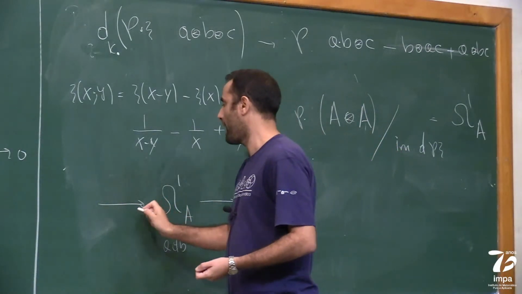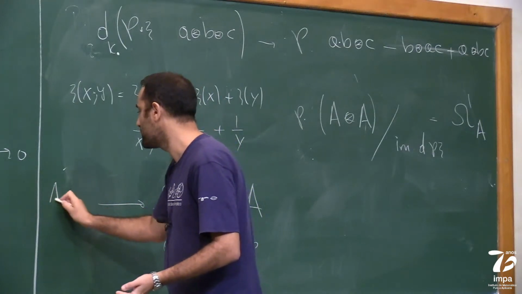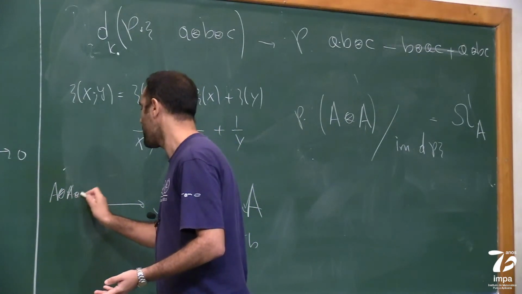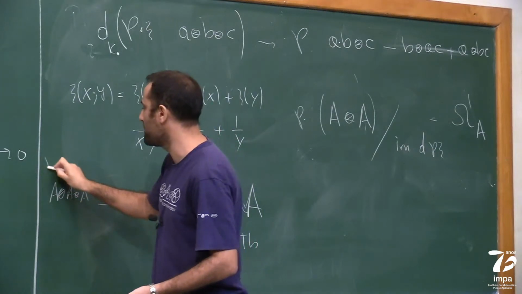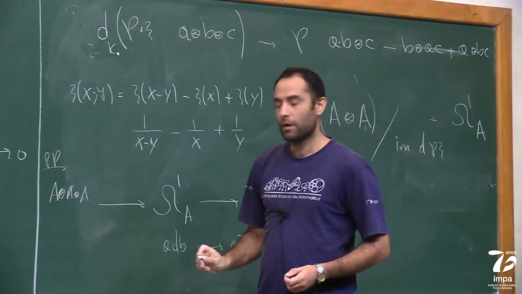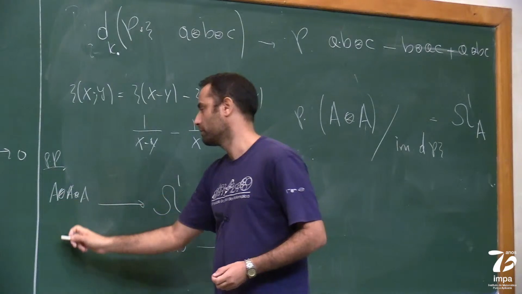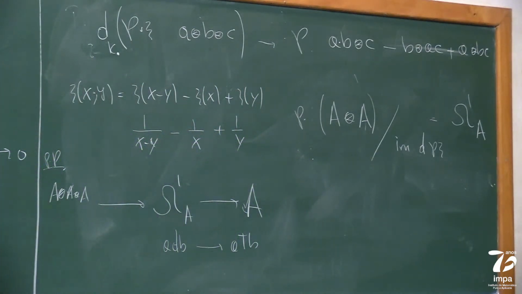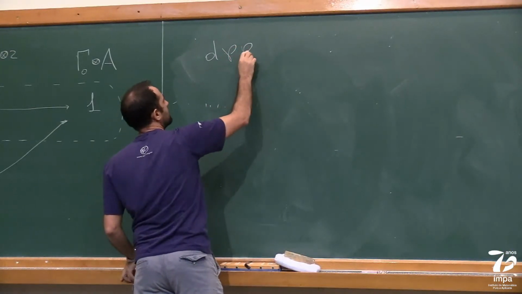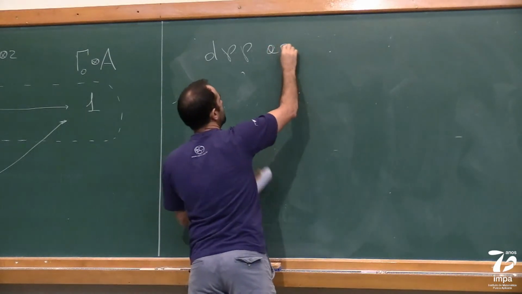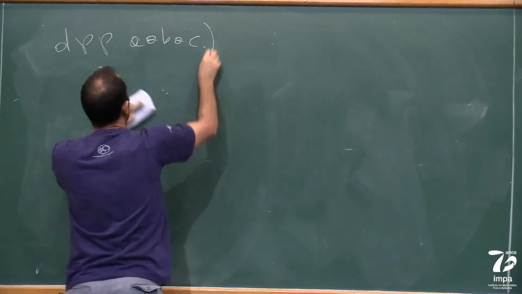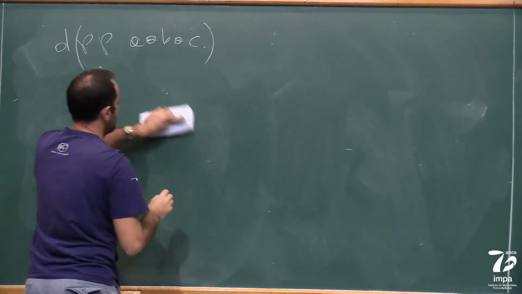But now I haven't taken omega 2, but I have this A, and I still have the remaining function, which is P times P. And when I take the differential of this function, which I need to analyze, so when I take the differential of the function P times A tensor B tensor C, well, let's look at what this is.